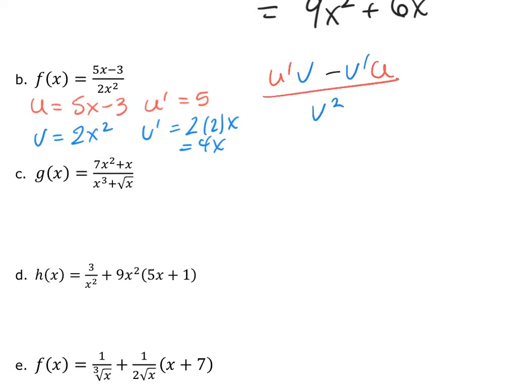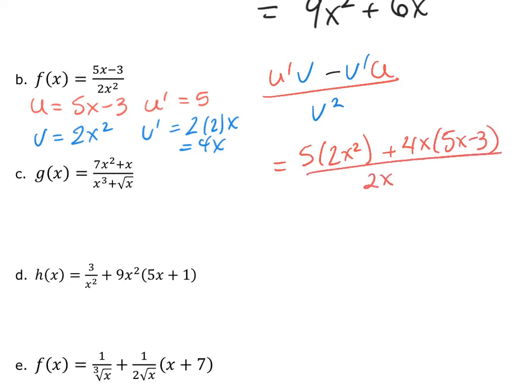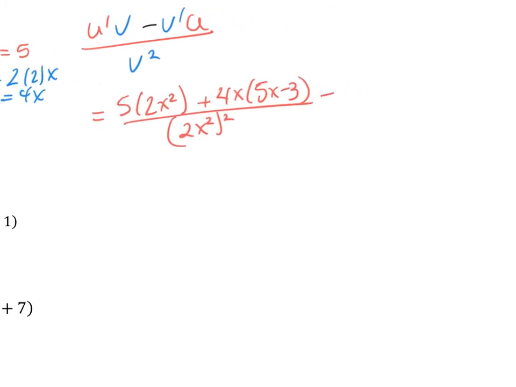So this is going to be equal to my 5 multiplied by 2x squared, and then plus my 4x multiplied by 5x minus 3 all over 2x squared squared. All right? So in my numerator, and yes, you have to clean these up algebraically, I get 10x squared plus, oh, that should be a minus here. That should be a minus right here.